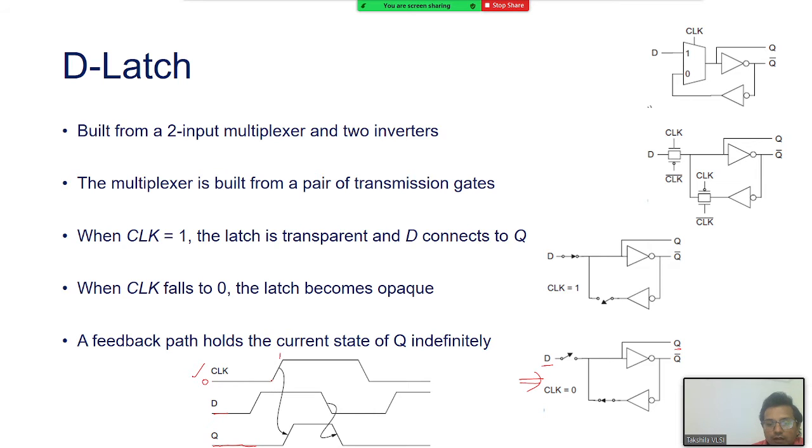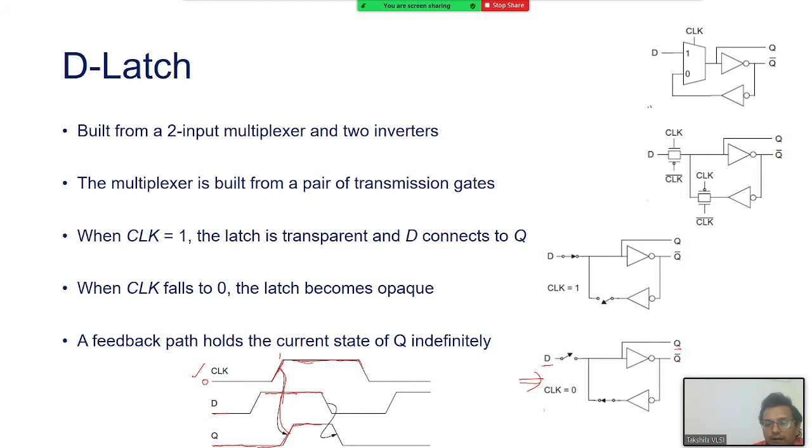But as soon as the clock became 1 here, at that time D was 1. So D got transferred to Q because Q became 1 now, because D got connected to Q here. You see? Then D remained 1, so Q also remained 1, because the clock is 1 all the time.